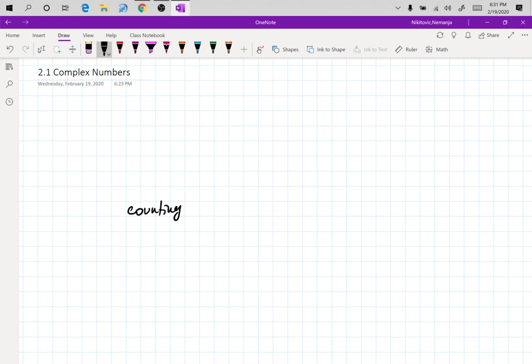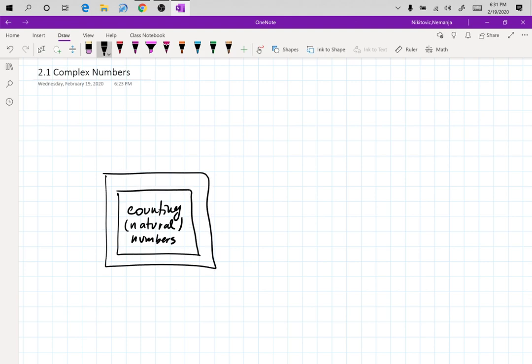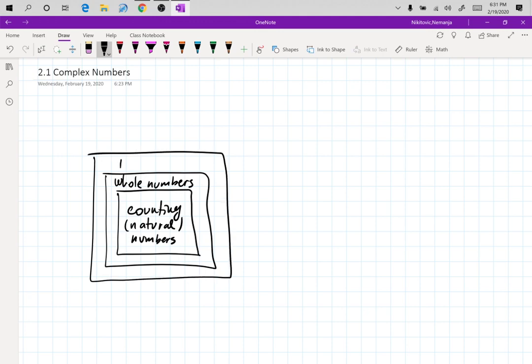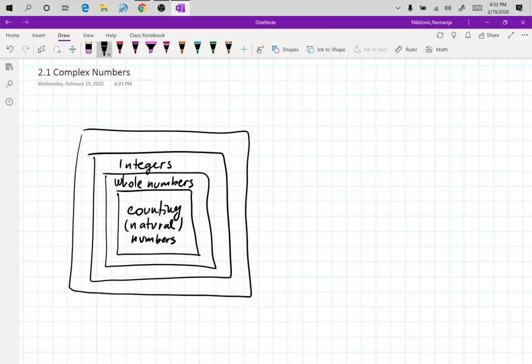If you start with counting numbers, well, they're called natural numbers. And then there is the bigger set called whole numbers, a bigger set called integers, a bigger set called rational.